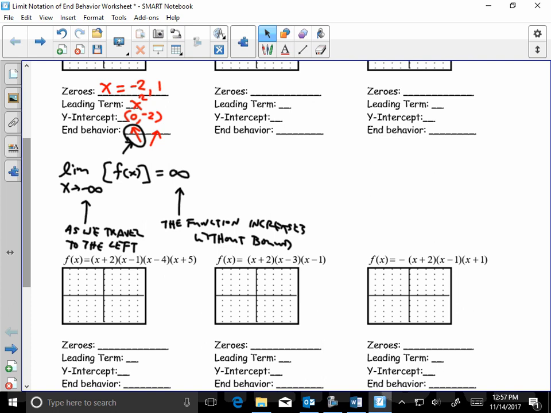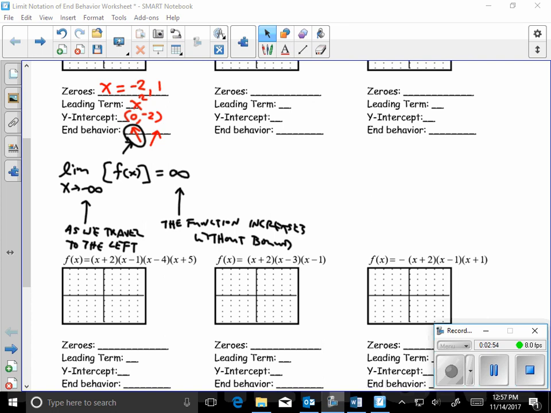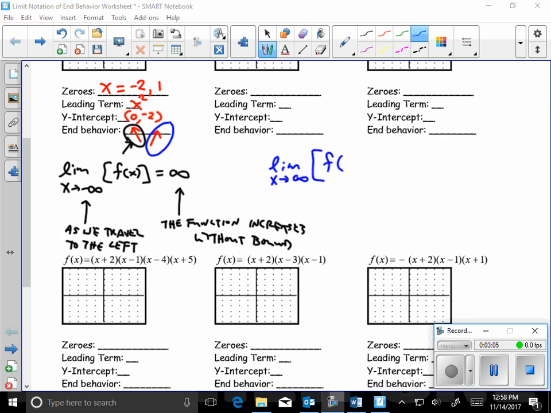So the right end behavior. So as x goes to the right, which would be positive infinity, what happens to f of x? Talia? Goes up to infinity.